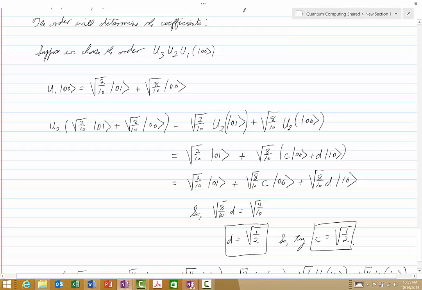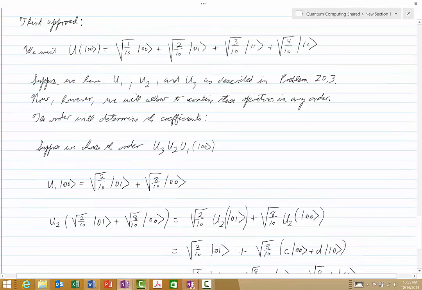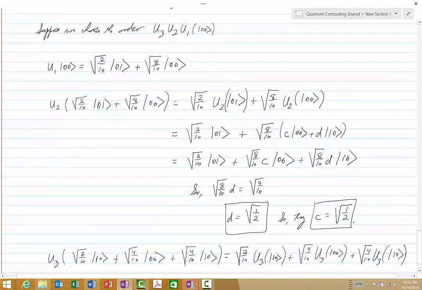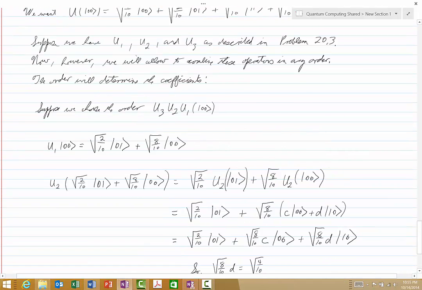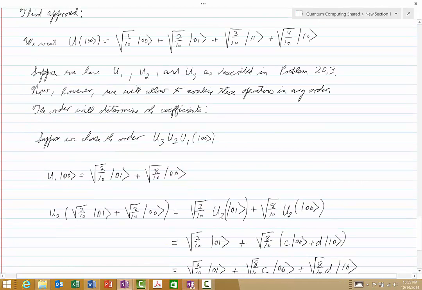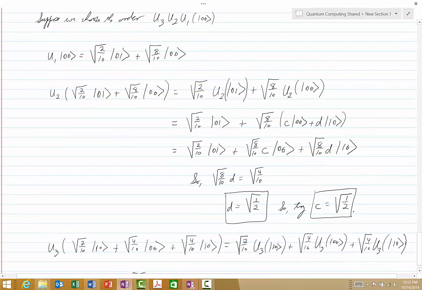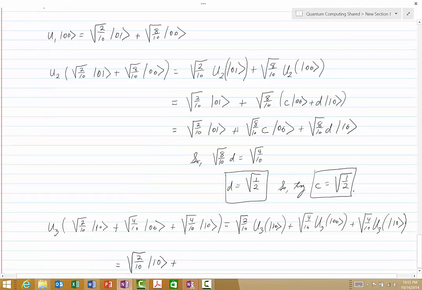Now we've already fixed this coefficient so that we're going to end up with the right thing in the end, but now we need to fix this coefficient so that we come out with the right coefficient here for 1 0. And so we do that by saying square root of 8/10 times d is equal to square root of 4/10, which gives us d is square root of 1/2. And so we'll try to go with that, c equals square root of 1/2.